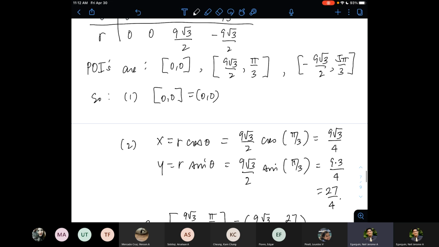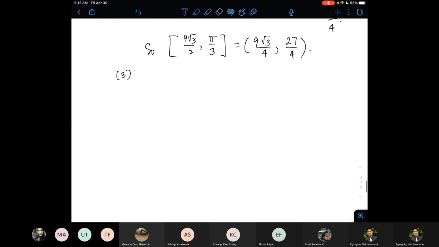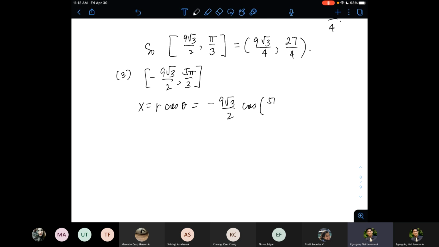So the last point of intersection is this. So we compute for the x component. Again, this is r cosine theta. So that's going to be negative 9 root 3 over 2 times cosine of 5 pi over 3. Cosine of 5 pi over 3 is 1/2. So the x component is negative 9 root 3 over 4. And the y component is r sine theta.